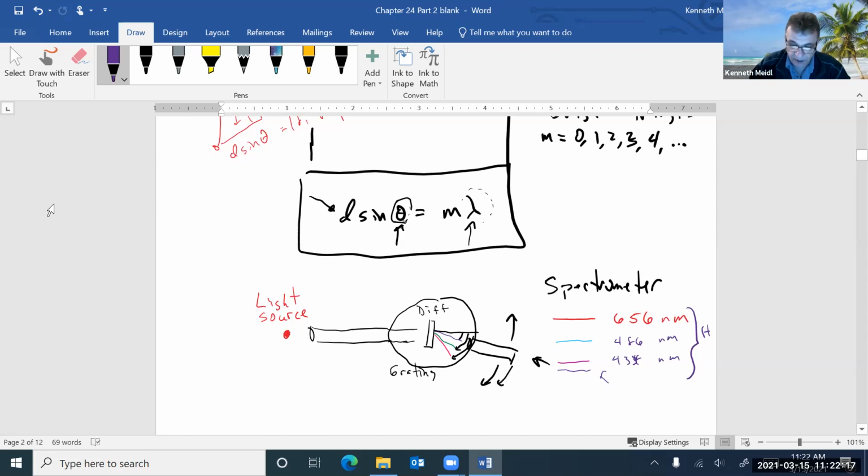It will also tell us whether stars or galaxies are moving towards us or away from us, or whether the sun is rotating towards us and away from us. So there's a lot of interesting physics wrapped up here. And of course, this is for constructive interference. This is for bright spots here.